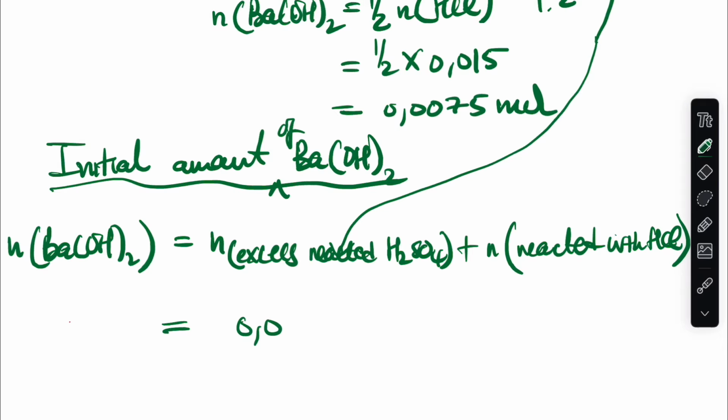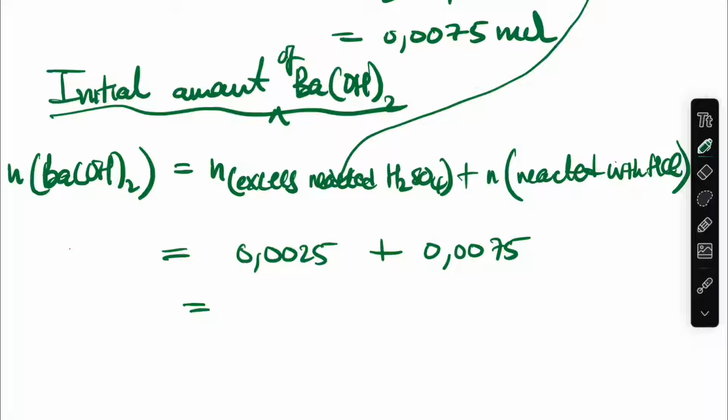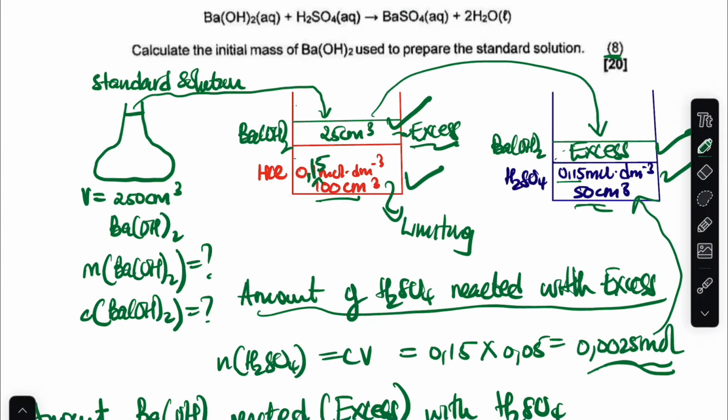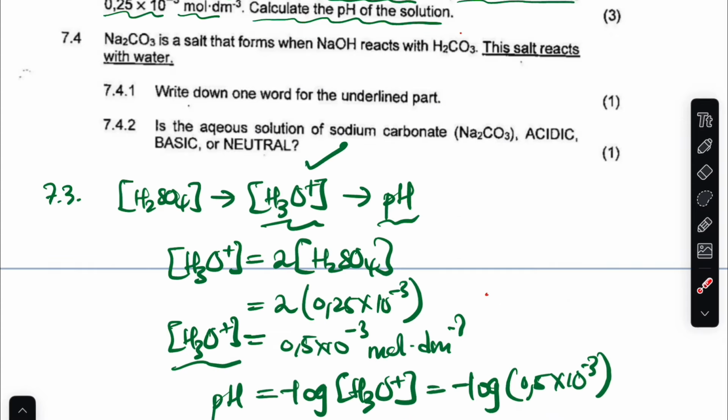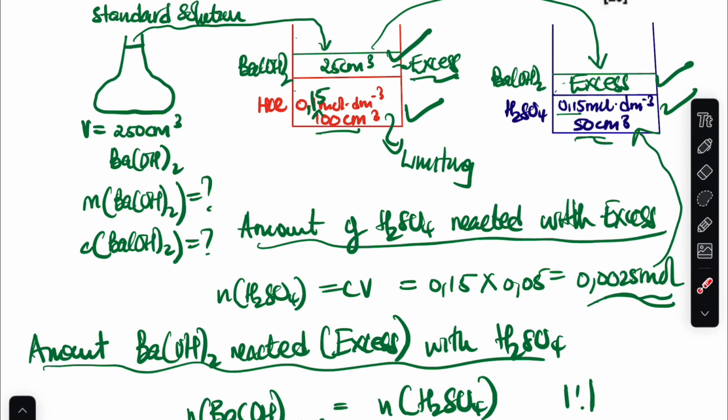So it's 0.0025 plus the amount that reacted with the HCl, which is 0.0075, which is the answer. It's going to be 0.01 mole. Now this is the number of moles which is the initial, the initial number of moles, the one that was taken here, right?